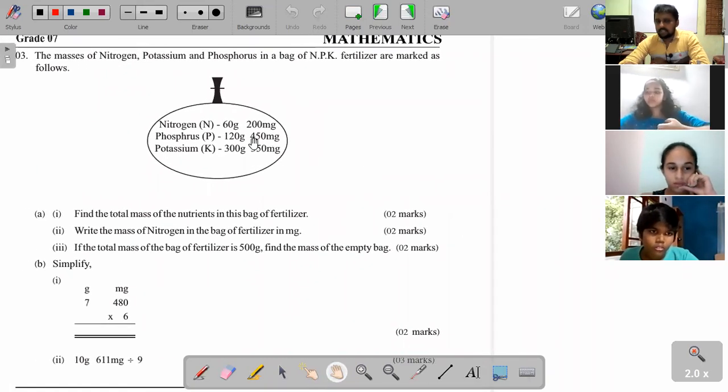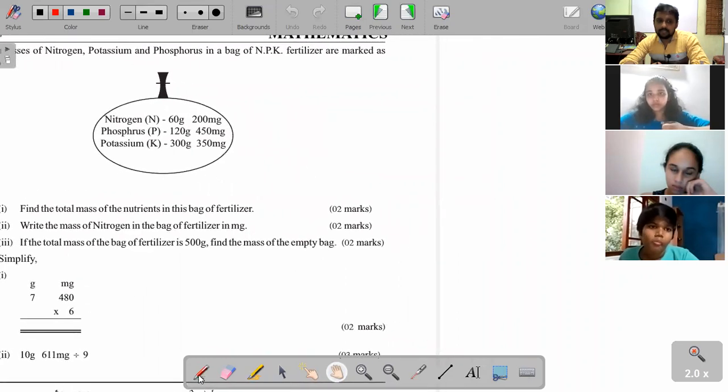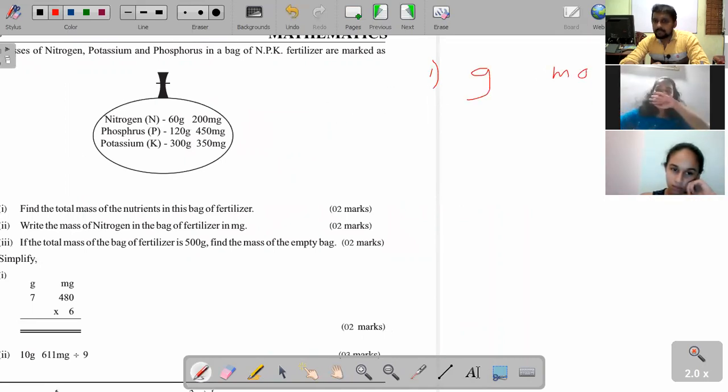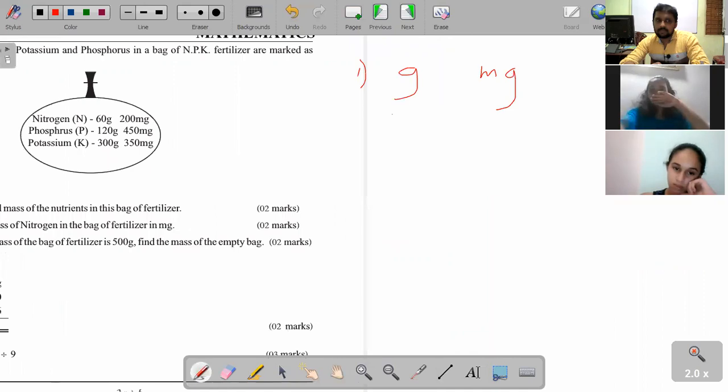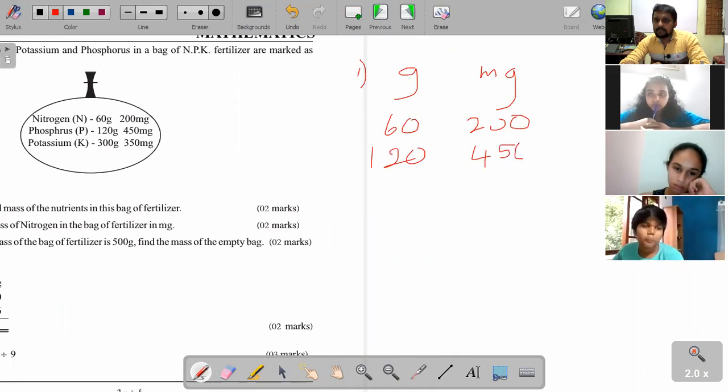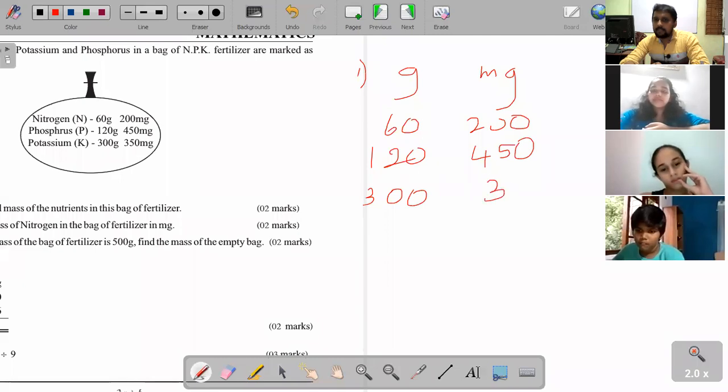Right? Total mass. Total mass means you have to add these three values, no? What are the three values? The measurements given in grams and milligrams. 60 grams, 200 milligrams, 120 grams, 450 milligrams, 300 grams, 350 milligrams.